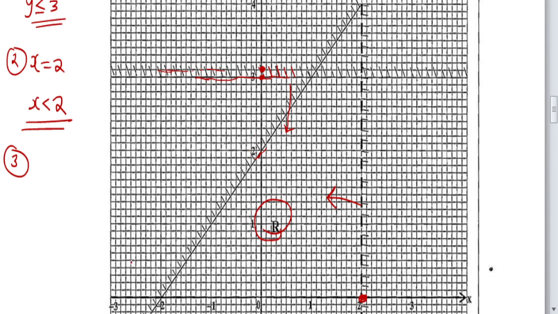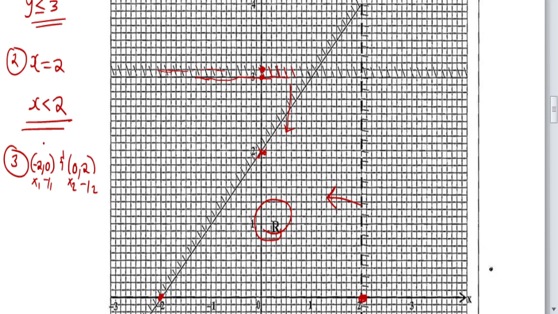Let me pick this point and this point here so that I can find the equation of this line. There is one point which is -2, 0. Then there is another point which is 0, 2. So x is 0, y is 2 here. Then I'm going to say this is x1, y1, x2, y2. Then just find the equation of this line.